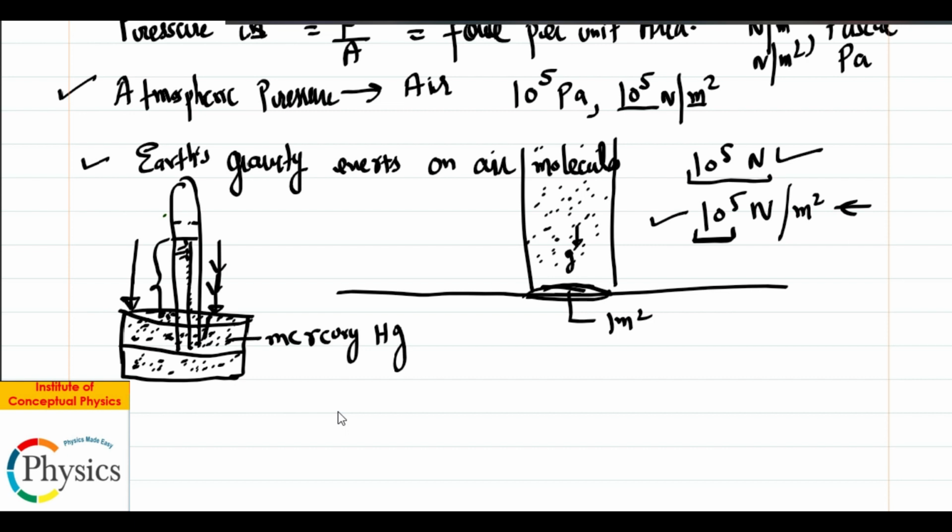Okay, so this pressure which is measured is 760 millimeters of mercury. The mercury is able to balance this much pressure. Obviously this is in millimeters; we will convert this to newtons per meter square.